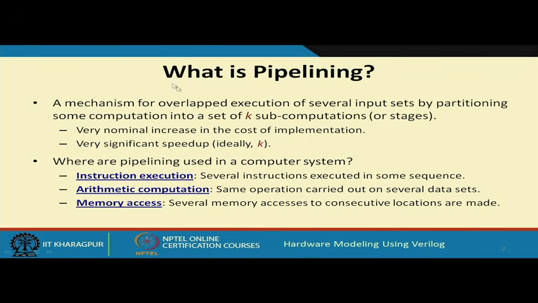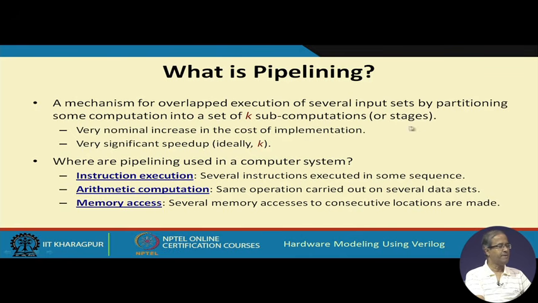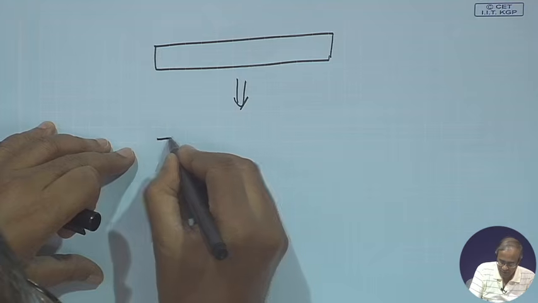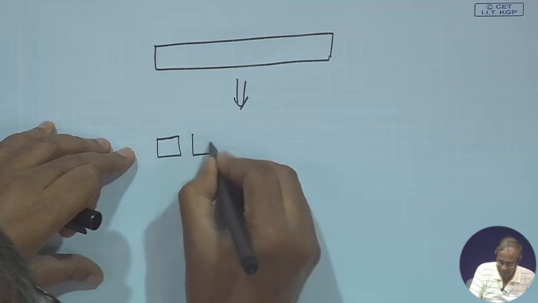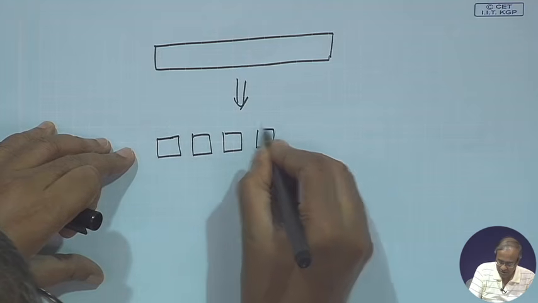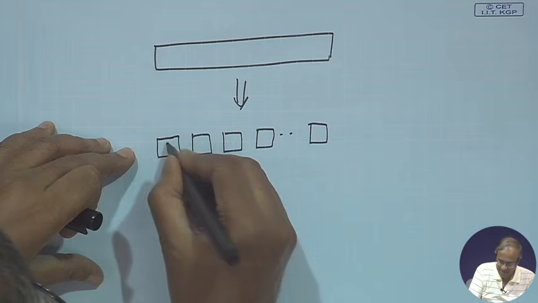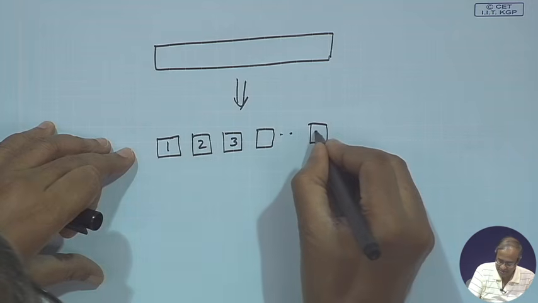This overlapping we normally express in terms of sub-computations or stages. I shall be explaining through some examples. We have some computation, let us say we represent it like this, and as an alternative we divide the computation into smaller pieces called stages. Let us say there are k number of stages.